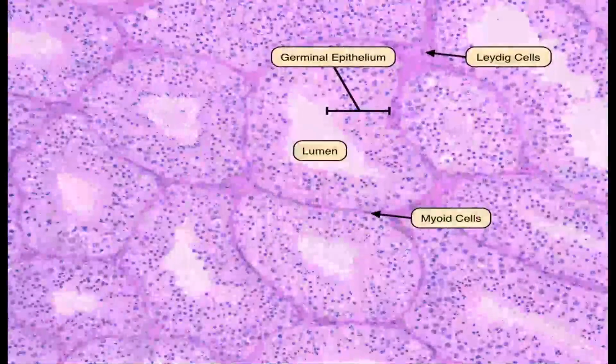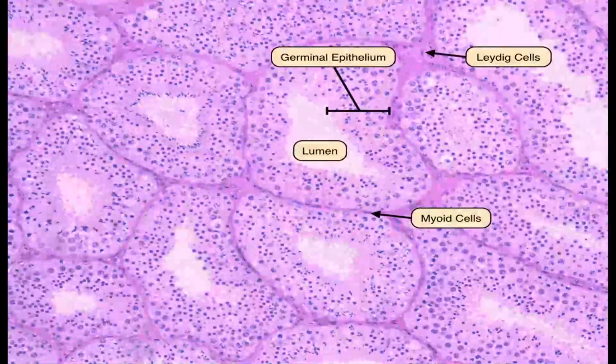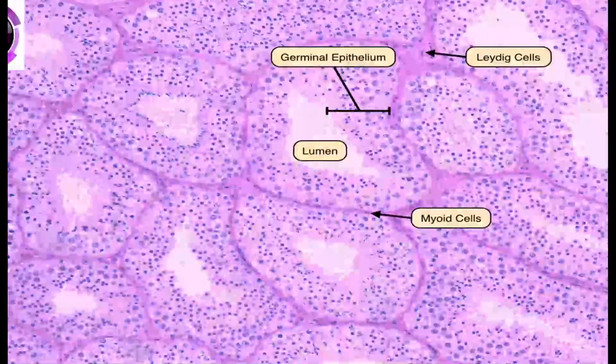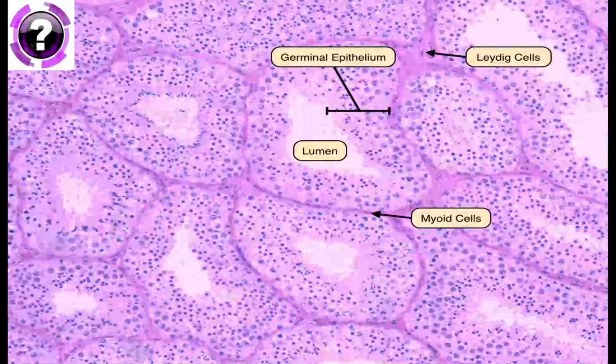This is a true microscopic section of a seminiferous tubule. The sections are packed together. Why are they packed together? Because the seminiferous tubule, a single one, is much longer than the space it is occupying.